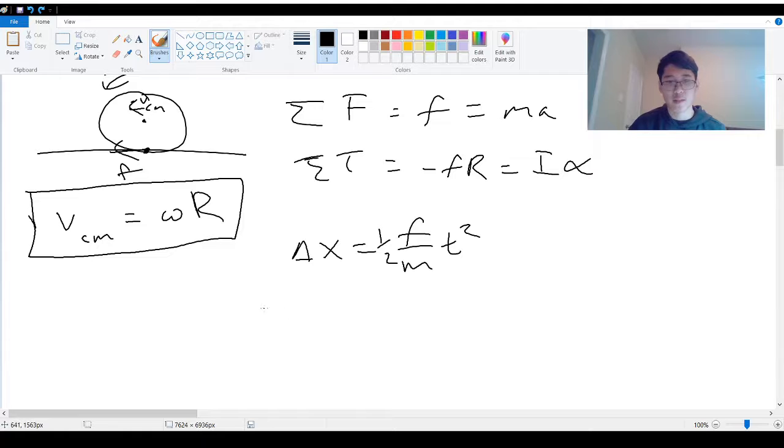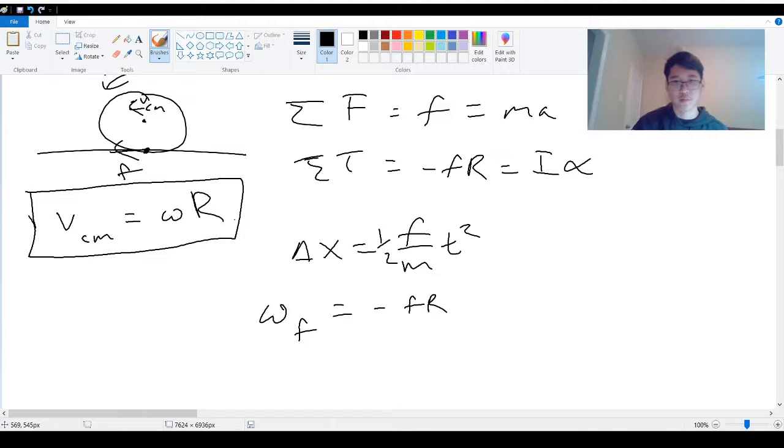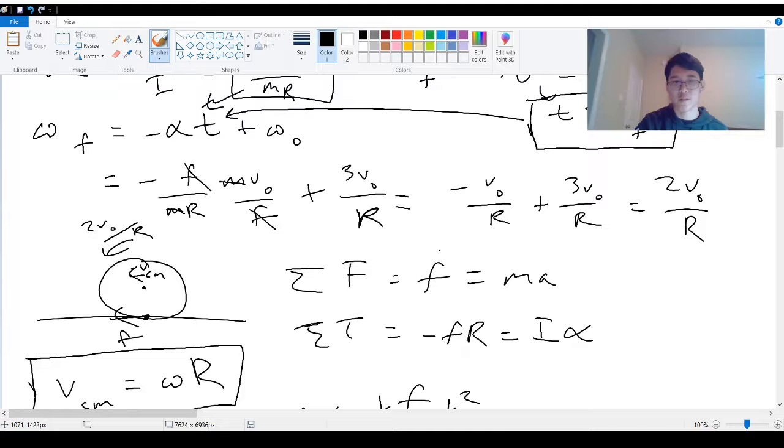And we know that the angular velocity final is equal to negative f r over I, which we already calculated up here to be negative f over mr, times time plus, I'm going to call this time 2 for the time that it takes to get back to the original position, plus the omega final right when this instance starts, which we calculated right over here.